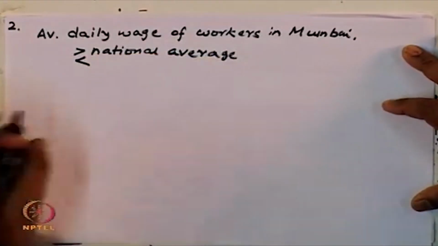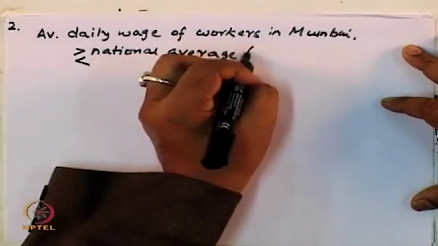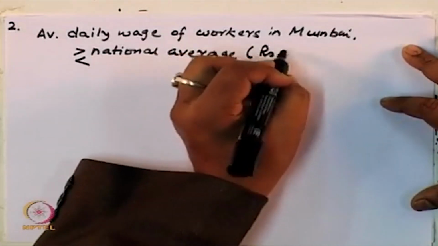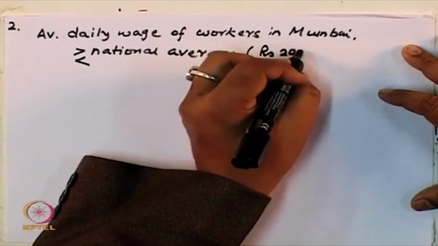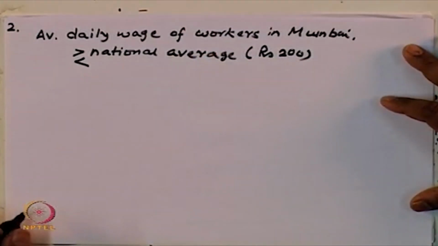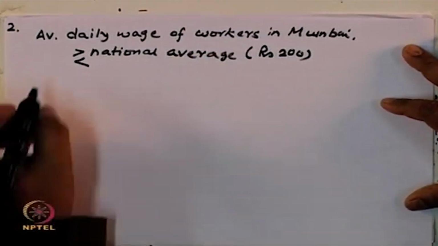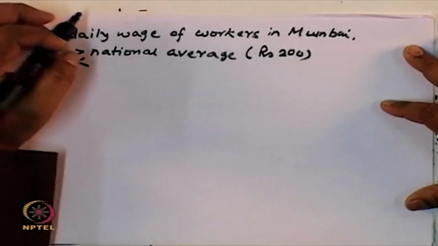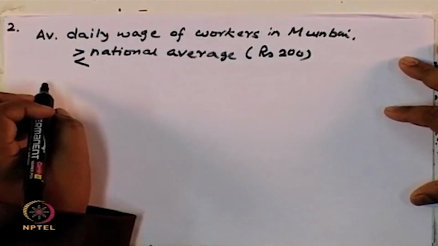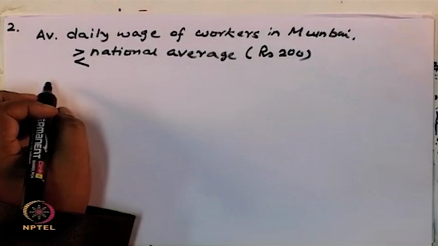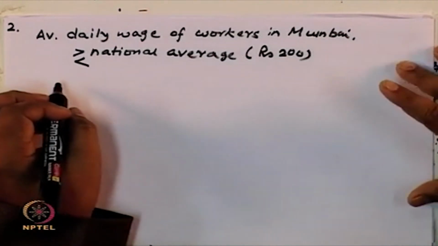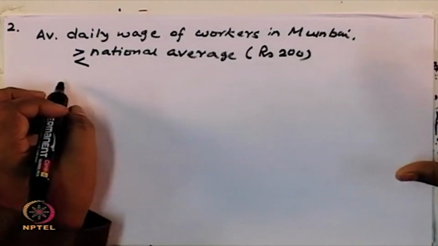You are given that the national average is rupees 200 per day. When you try to prove the alternate hypothesis, it is always easier to do so by proving the null hypothesis is false.